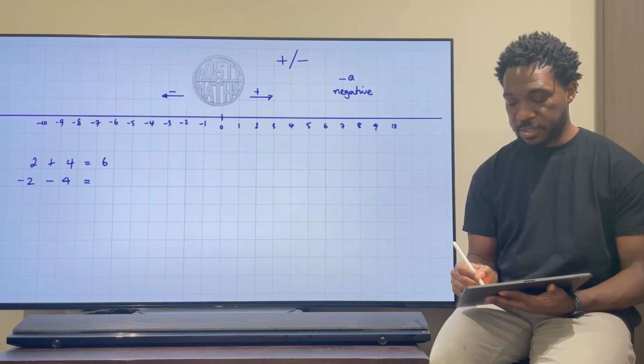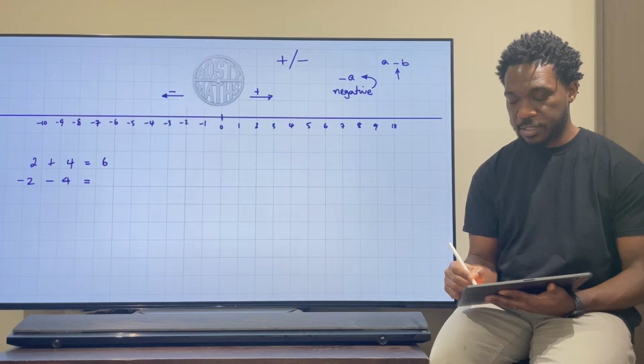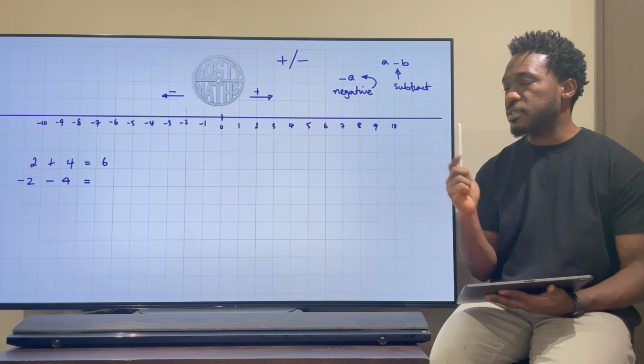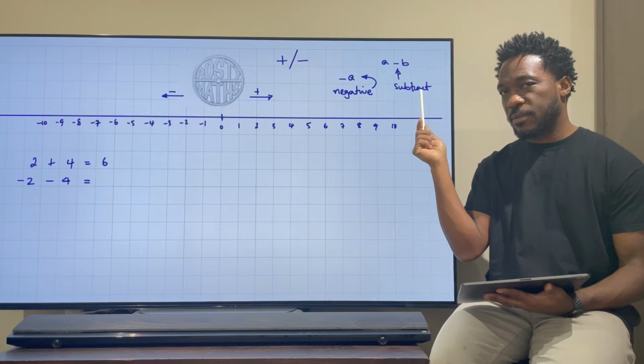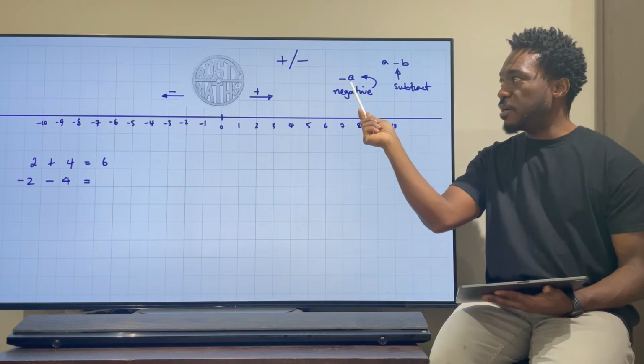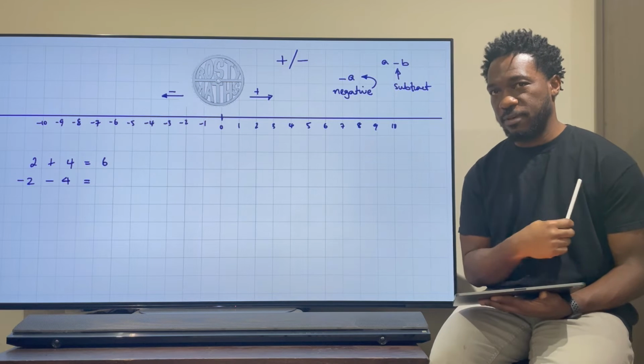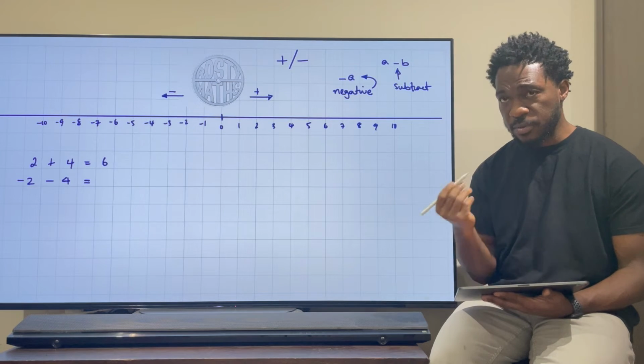But if you see a minus in between two numbers, this is just subtract. So know the difference. If it's between two numbers, you're subtracting. But if it's just in front of a number like that, it's a negative number. Okay, so I'll be using that terminology.